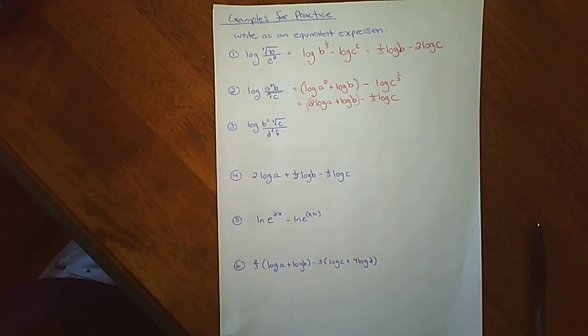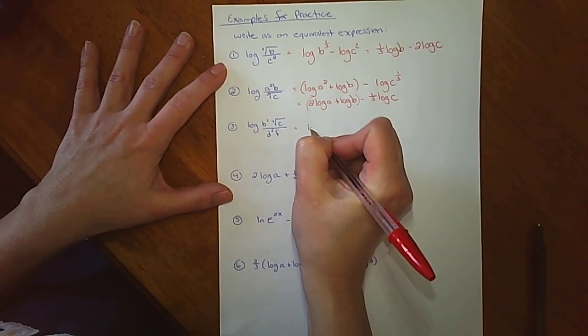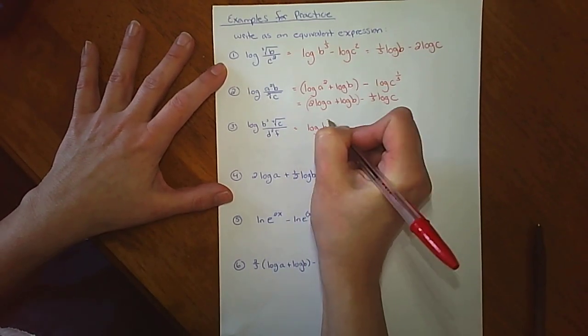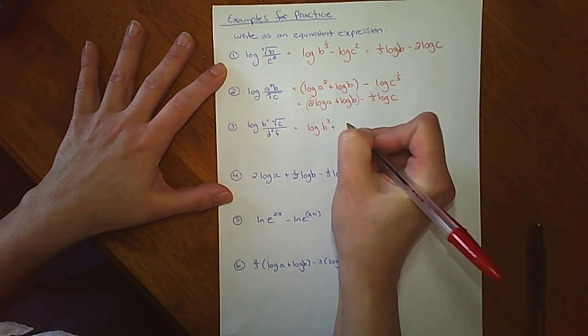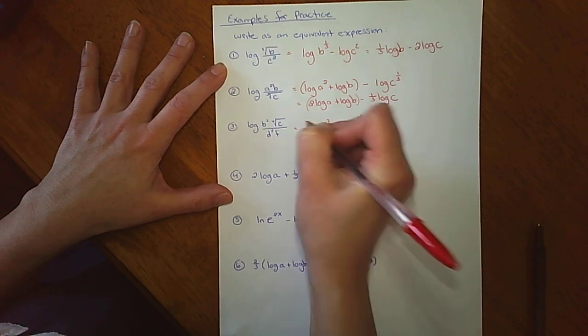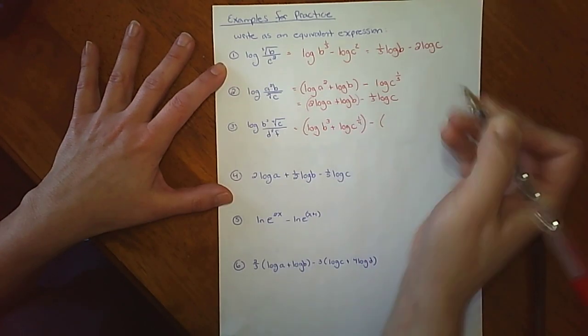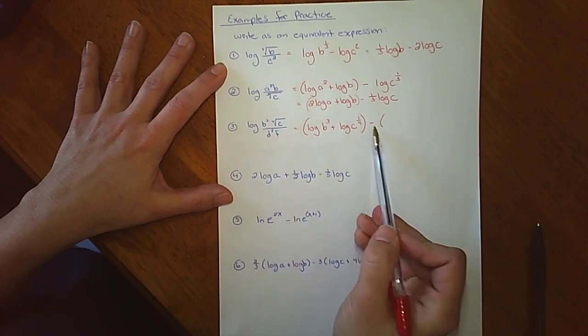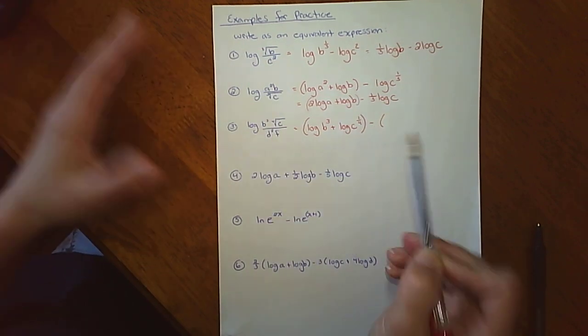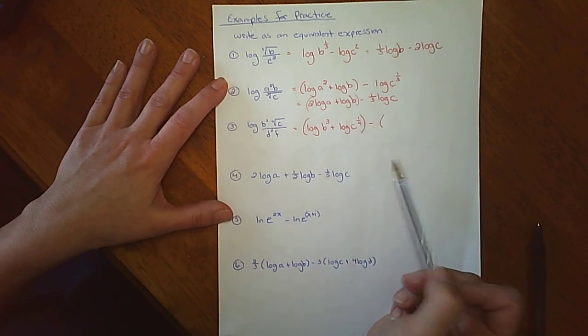All right, look at number 3. A lot going on in number 3. So we got log b cubed plus log c to the 1/4. So that's all in the numerator. Minus, now anytime it's division, subtracting, because subtraction, the minus sign has to distribute, you must put things in the denominator in a parenthesis.